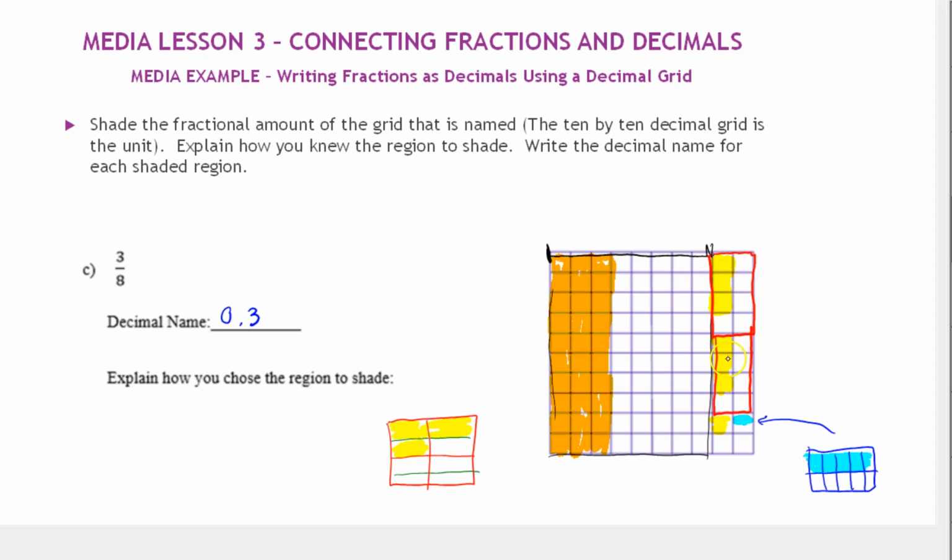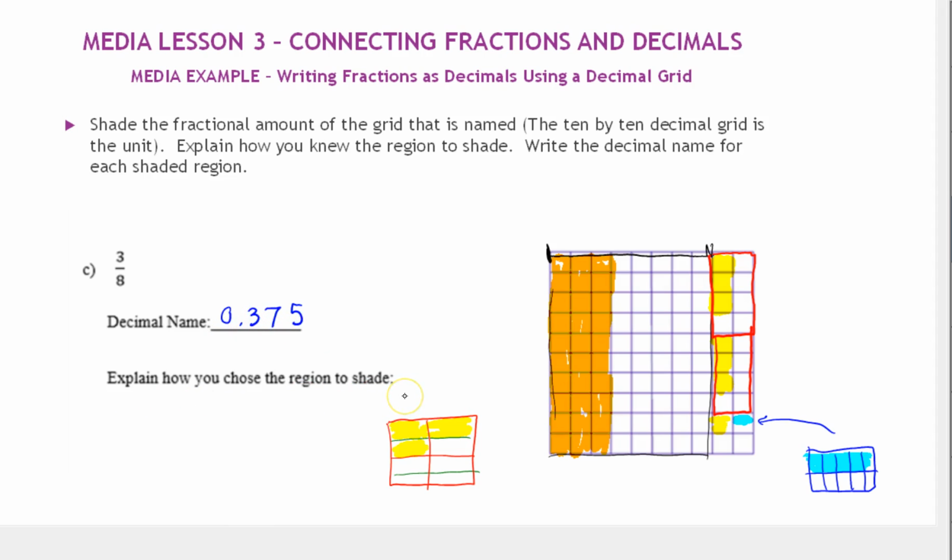We have 1, 2, 3, 4, 5, 6, 7 yellows, so 7 hundredths. And then this is our thousandths place. We have half of 100th, which is 5 out of 10 thousandths, or 5 thousandths. So 3/8 as a decimal is 375 thousandths, or 0.375.